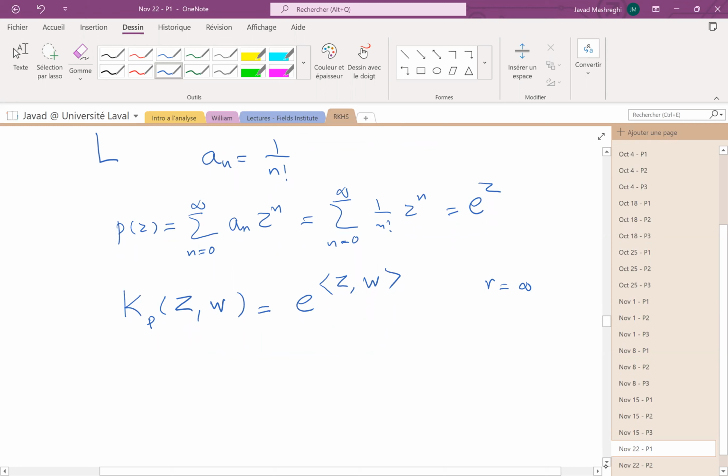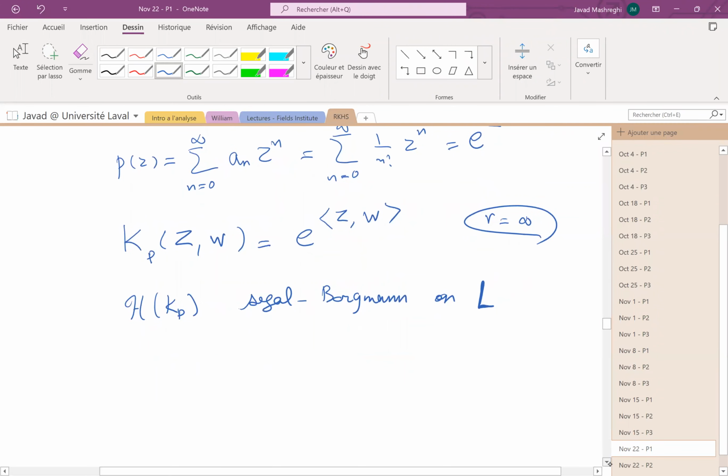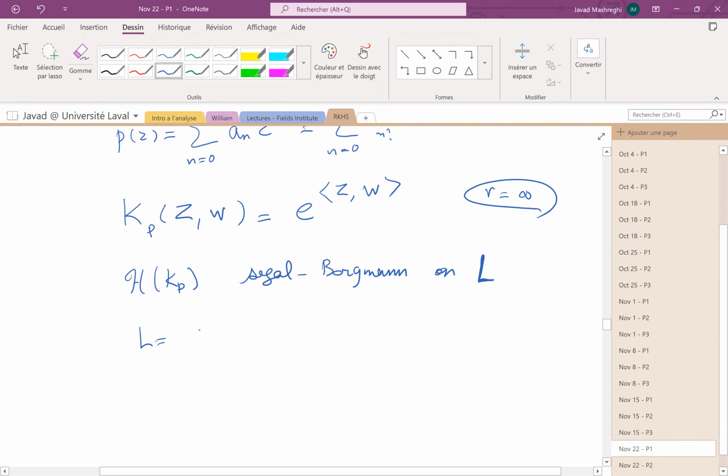And on C^m, we already saw it before. So H(K_P) is Segal-Bargmann on L. Remember, R is infinity. And if L is C^m, we saw the kernel has an interesting property.